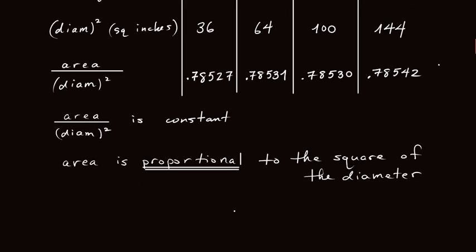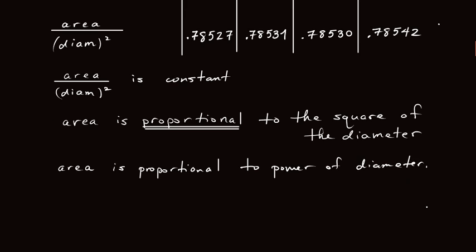In this case, we not only have a proportionality, but we have a power, because squaring something is raising it to the second power. So the area is proportional to a power of diameter.